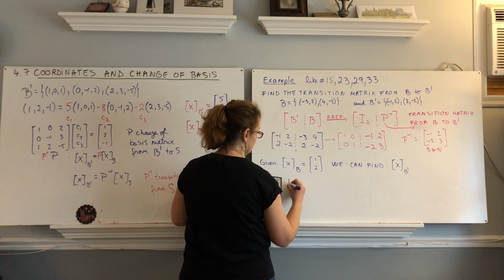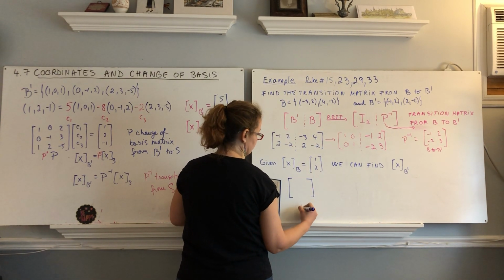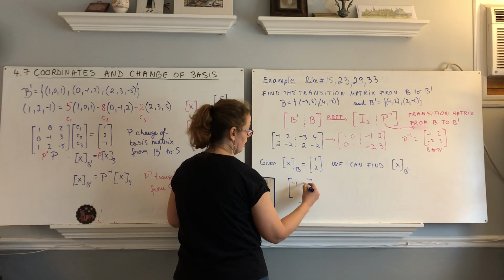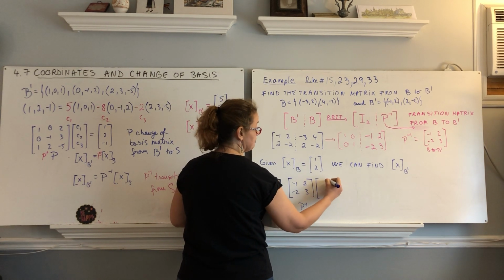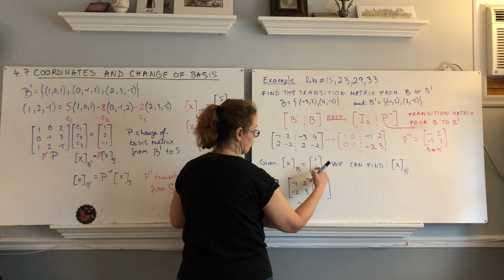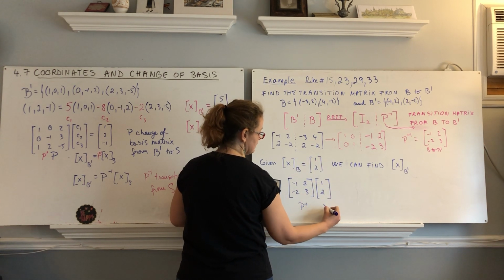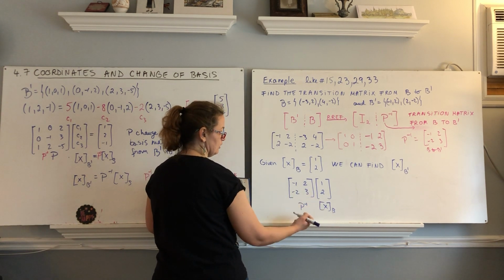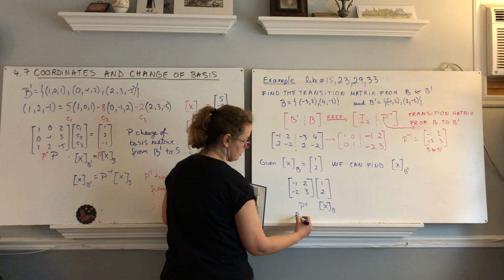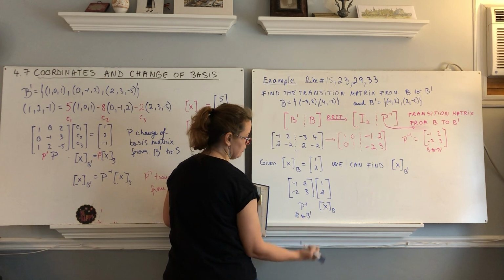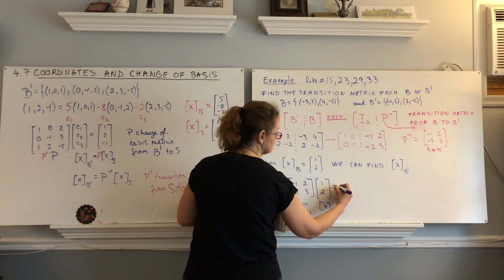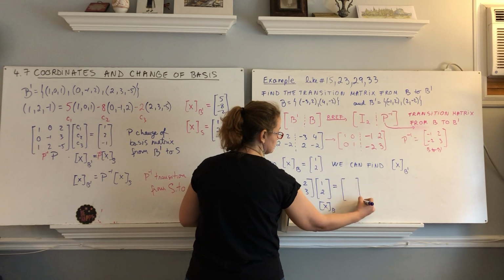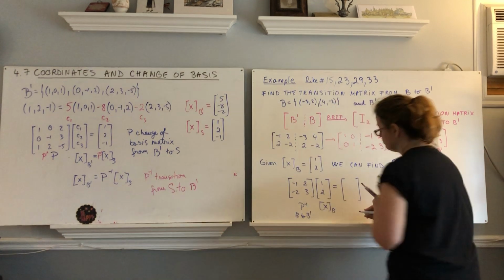So we're going to say this transition matrix P inverse can multiply the matrix of coefficients of X relative to B. So I'm going to take this matrix that takes things from B to B prime, multiplied by the coefficients with respect to B, and the resulting matrix will be a matrix of coefficients with respect to B prime.